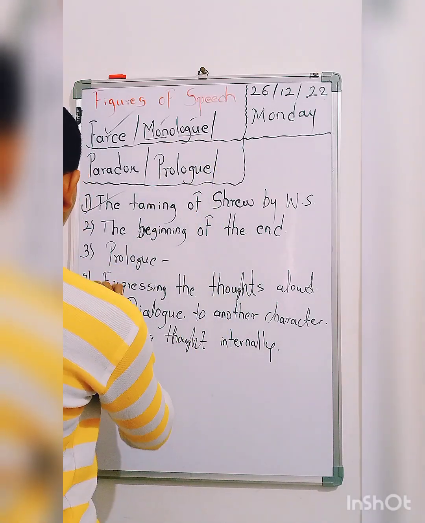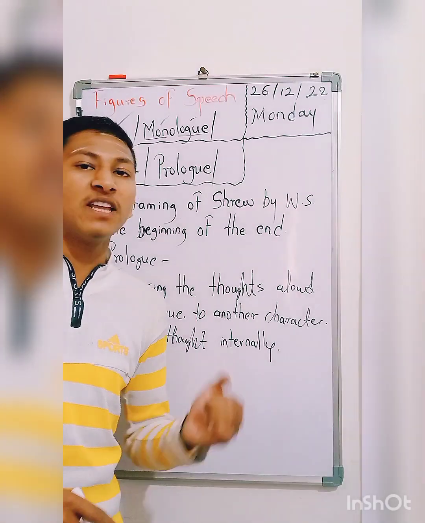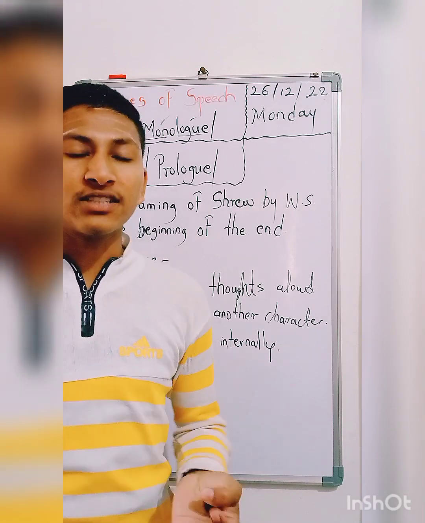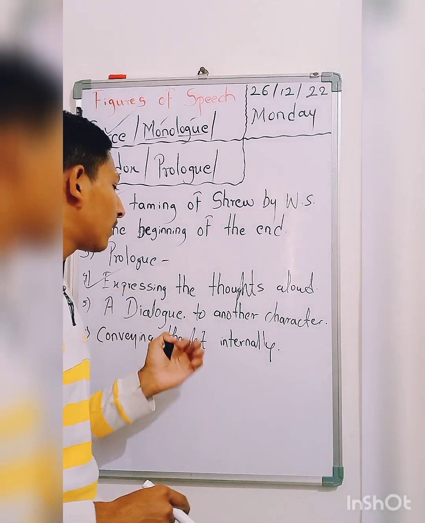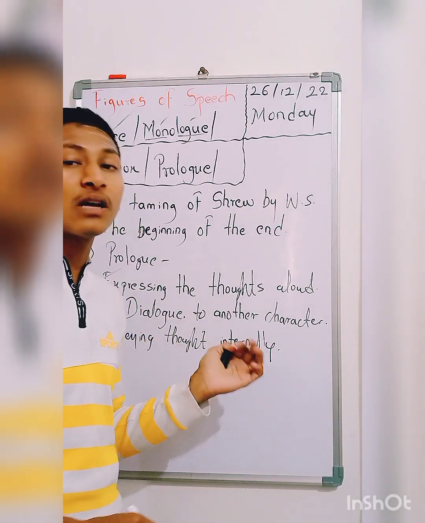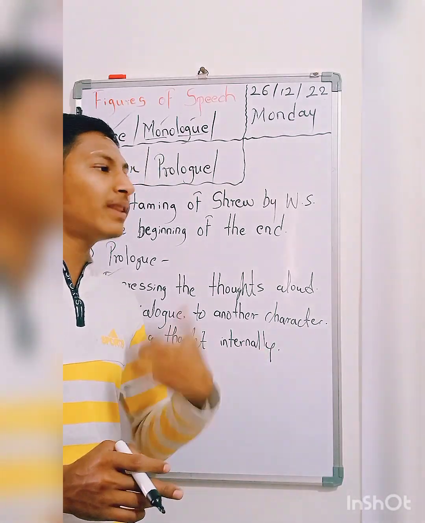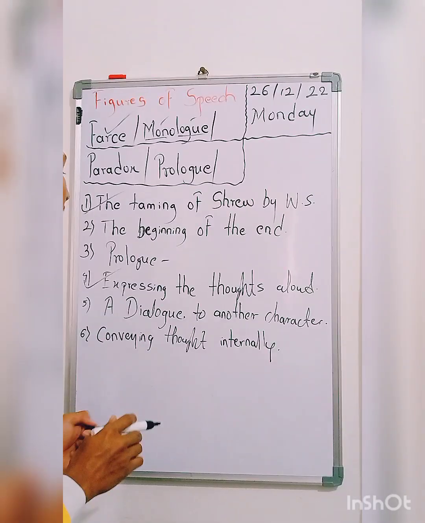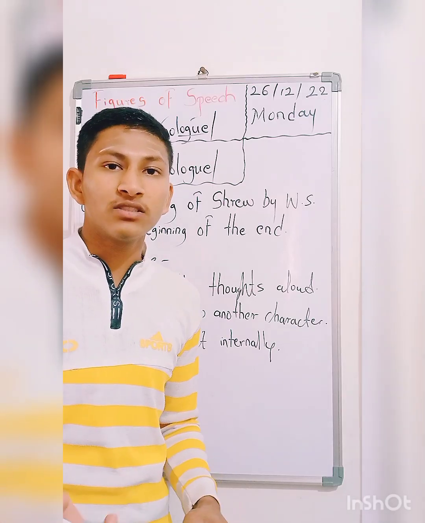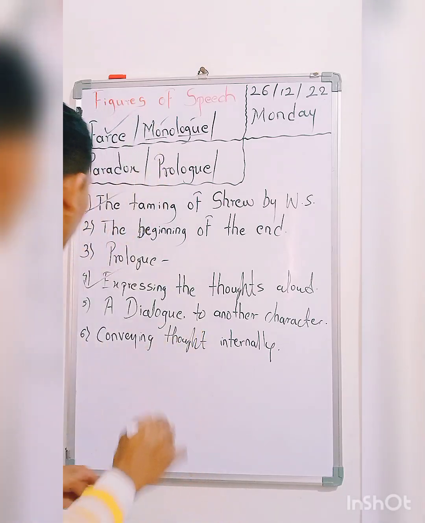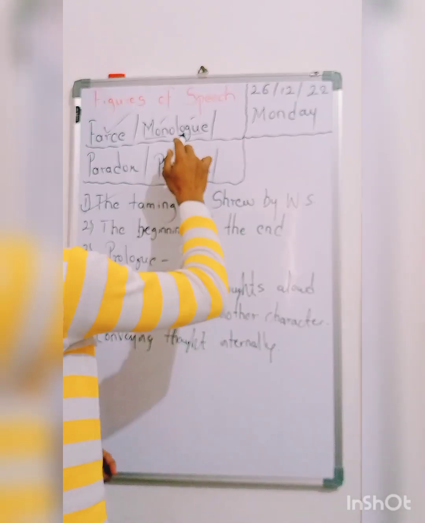Soliloquy means expressing thoughts aloud by the speaker alone on the stage, sharing his thoughts aloud with the audience. As mentioned on Google, it is expressing thoughts aloud by the speaker while being alone. That is the subdivision of monologue we call soliloquy.